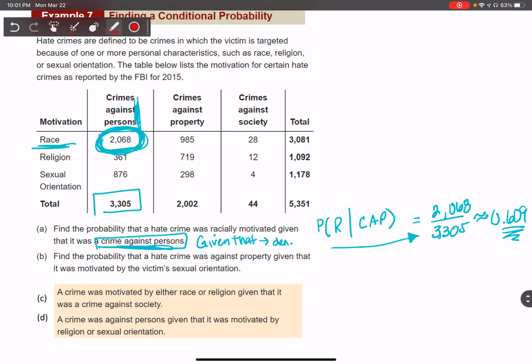Find the probability that a hate crime was against property given that it was motivated by the victim's sexual orientation. Okay, all right, given that victim's sexual orientation is at 1,178. So victim sexual orientation total is here.